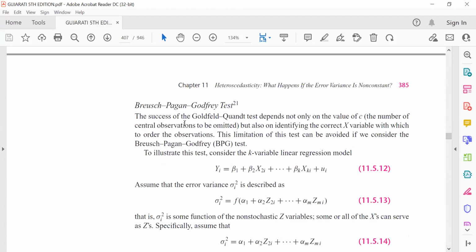Okay, the success of the Goldfeld-Quandt test depends not only on the value of the central part of the samples, but also on the identification of the correct X variable that causes the heteroskedasticity.